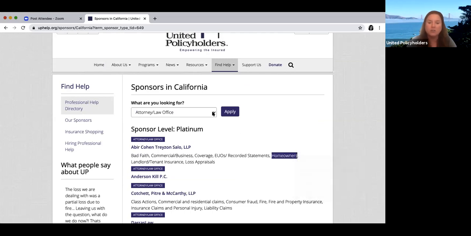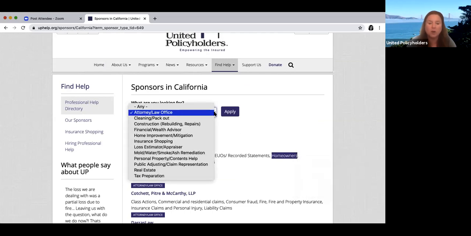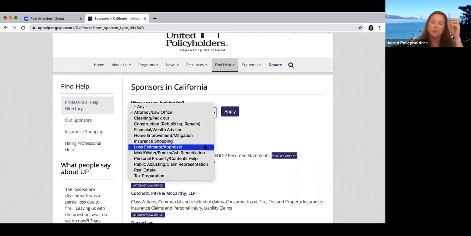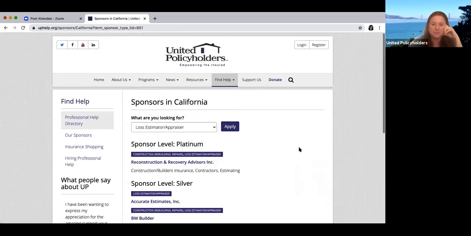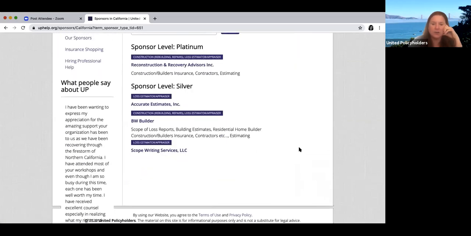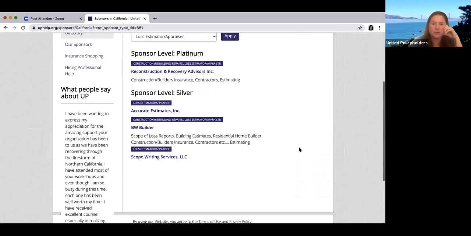Okay, this would be recommended for people who aren't planning to rebuild but need help getting an estimate. So loss estimator appraiser, and you hit apply. There are 4 people here. I recommend you talk to all of them, see who you like and see if it's a good fit.